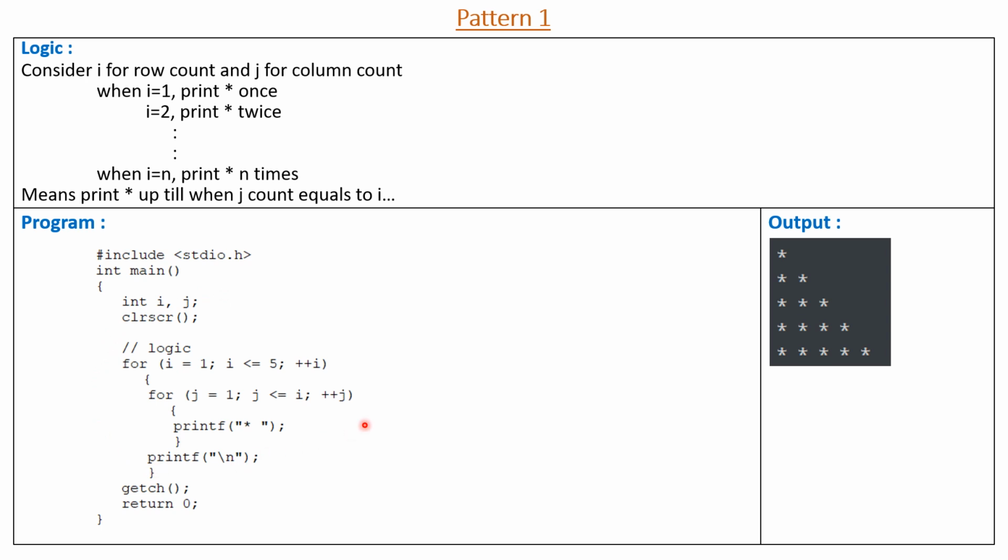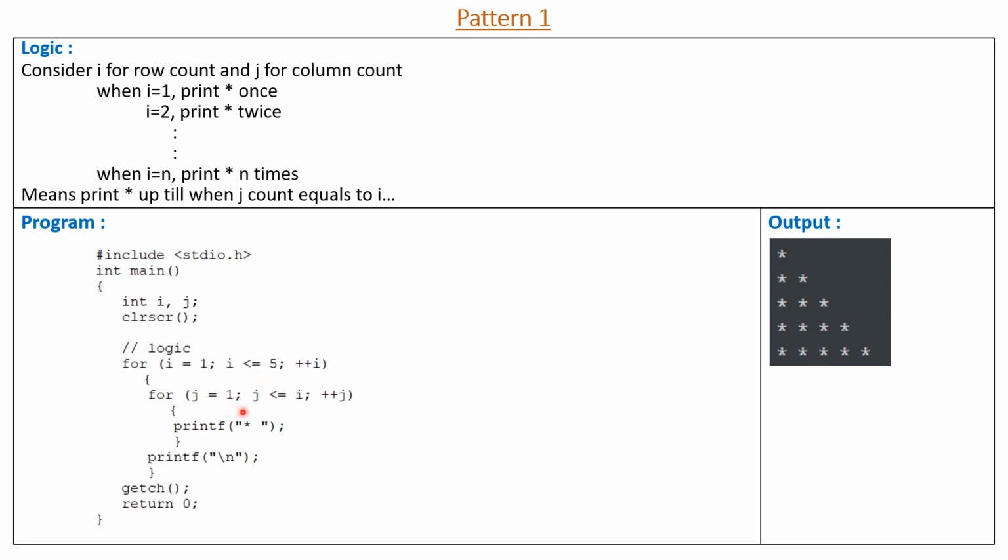So the same logic I have written in this program. I have used two for loops, one for row counter, one for column counter. This for loop executes 5 times, when i equals 1 to i less than or equal to 5.